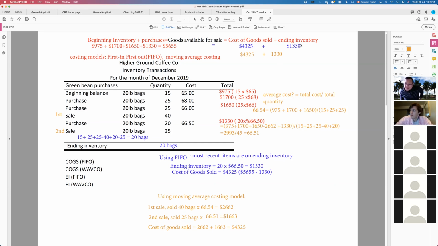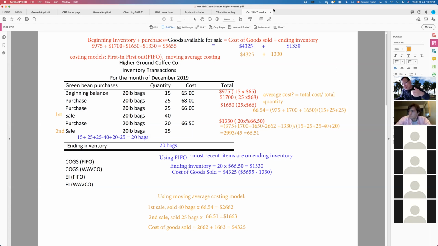Which one is easier? Wouldn't it depend on the situation? I mean, in terms of calculation, which one is easier? FIFO. Yeah, FIFO is easier, because it's much easier to figure out the ending inventory cost, and then you can calculate backward the cost of goods sold.